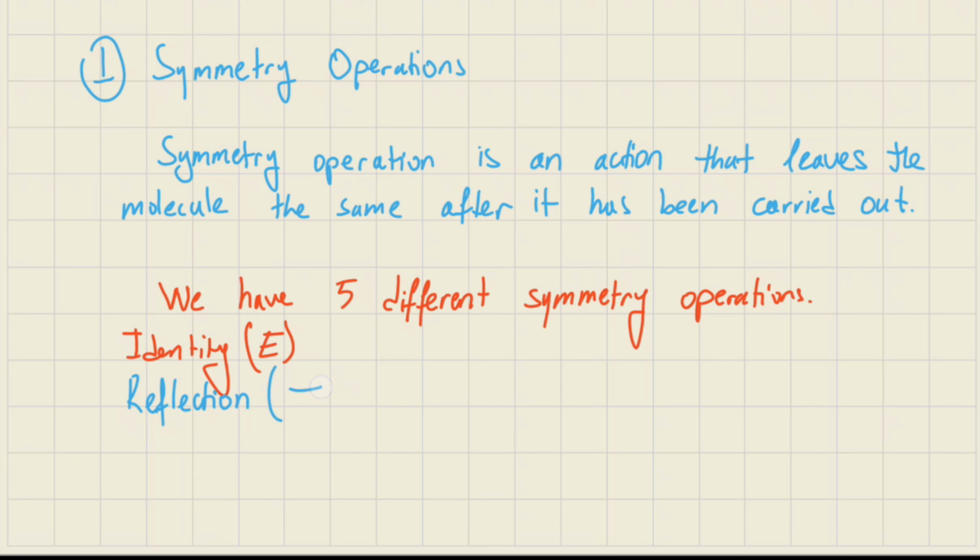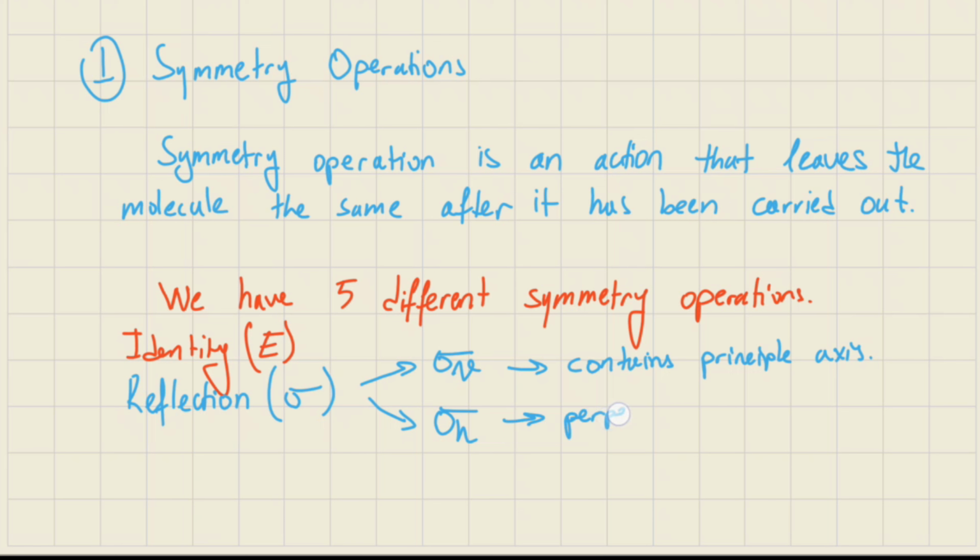It is represented by sigma, and we have two sigmas. One of them is sigma v and the other is sigma h. Sigma v contains the principal axis and sigma h is perpendicular to the principal axis.